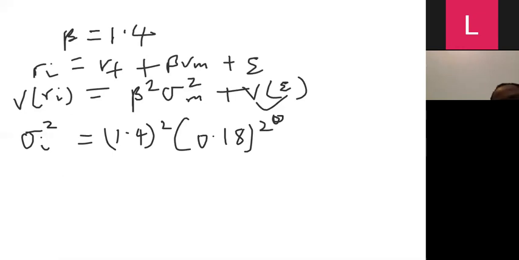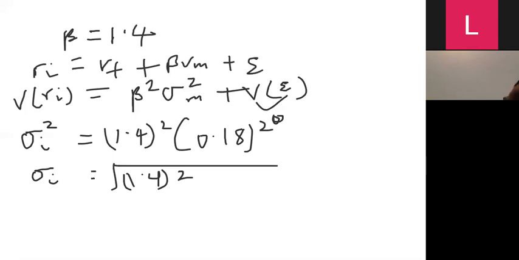So this becomes the variance. When I square root it, because I'm looking for the standard deviation, sigma I equals the square root of 1.4 squared multiplied by 0.18 squared. That gives me 0.252, or the same as 25.2%.